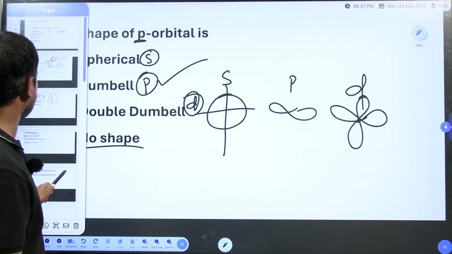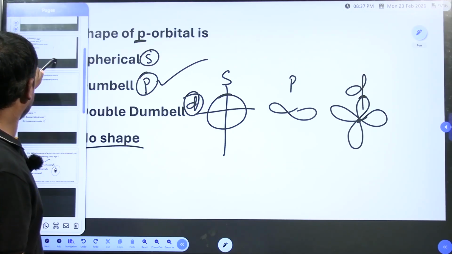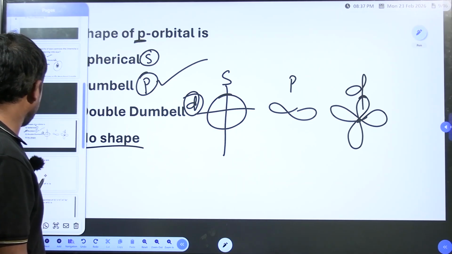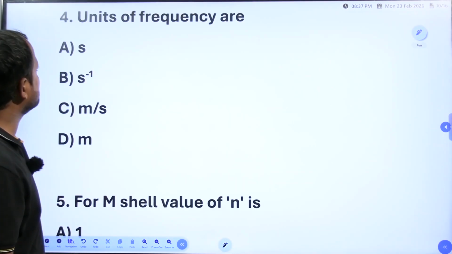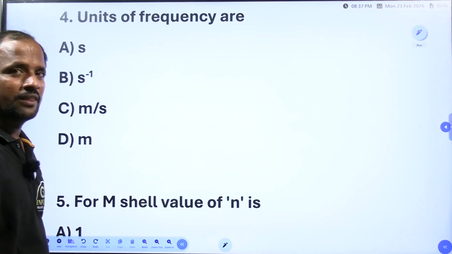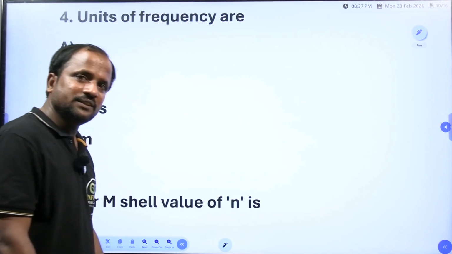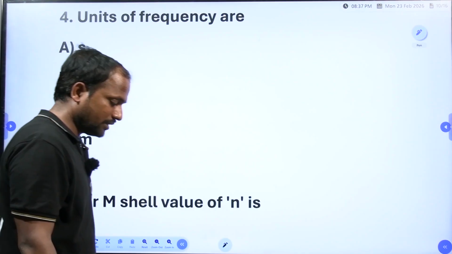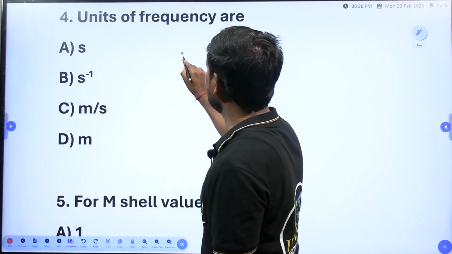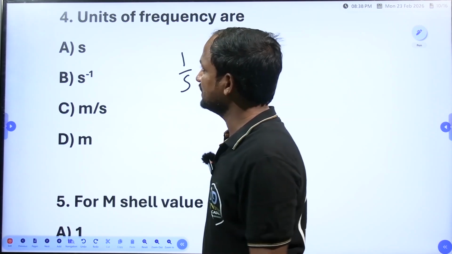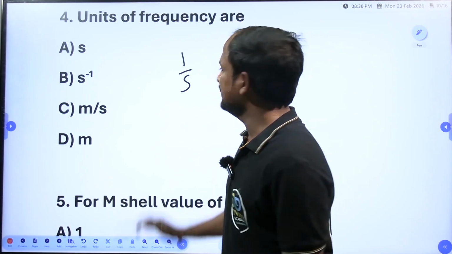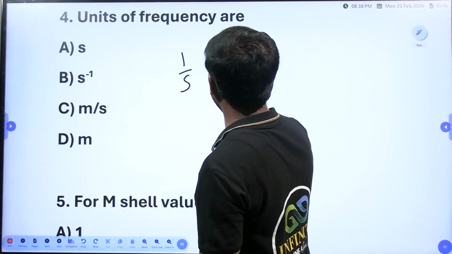See the next question. Units of frequency. The unit of frequency is 1 by seconds, 1 by second, since seconds is the unit. So you are going to take second inverse.